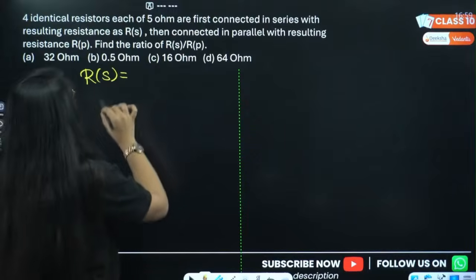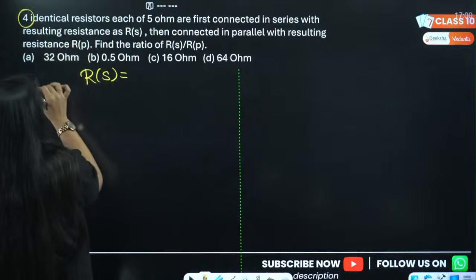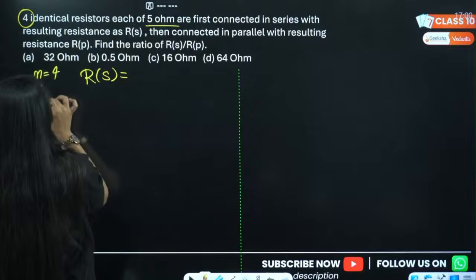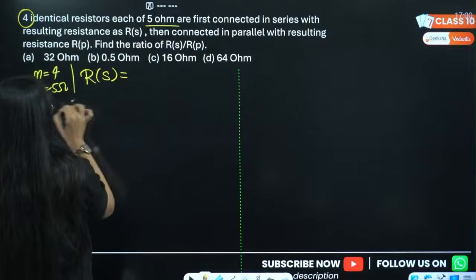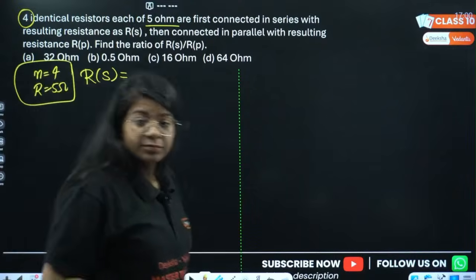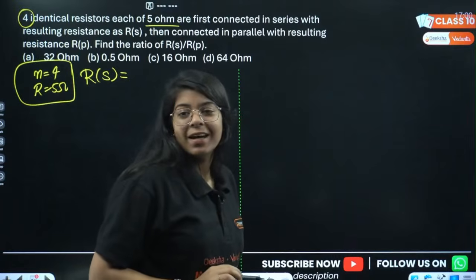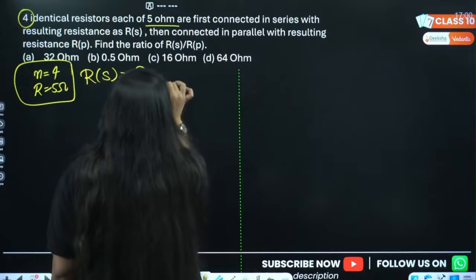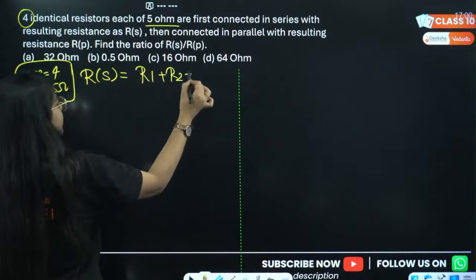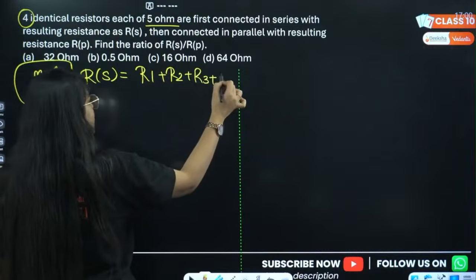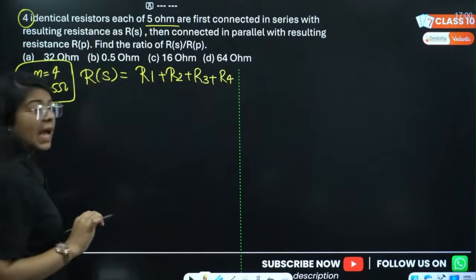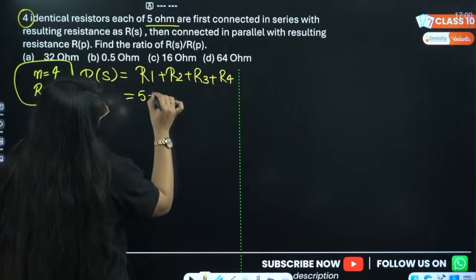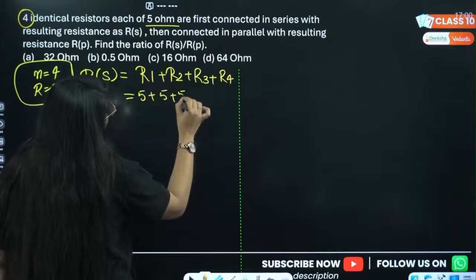We have 4 identical resistors. So N is 4 and each is 5 ohm. This is given. So for Rs, we can simply add these resistances: R1 plus R2 plus R3 plus R4, so that will be 5 plus 5 plus 5 plus 5.